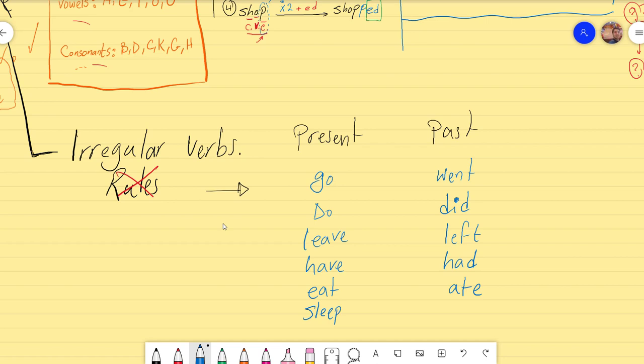Sleep, slept. For a complete list of these, you can just Google irregular verbs or irregular verb list. Or if you have a course book, at the end of the course book, you usually have the list of irregular verbs. Now, with these irregular verbs, you can easily make sentences or questions in the past tense.